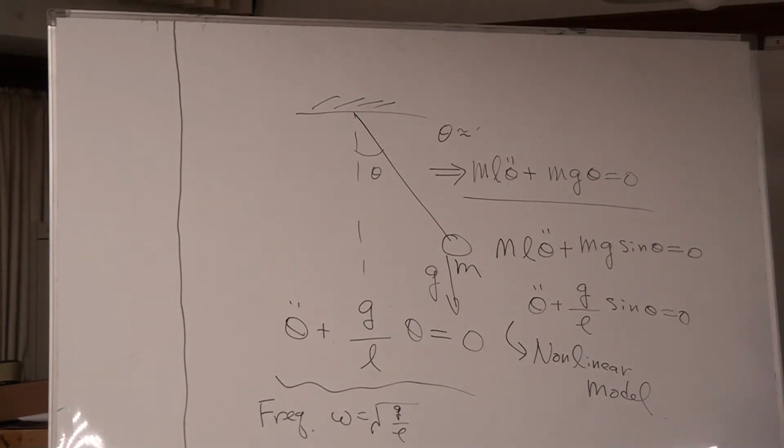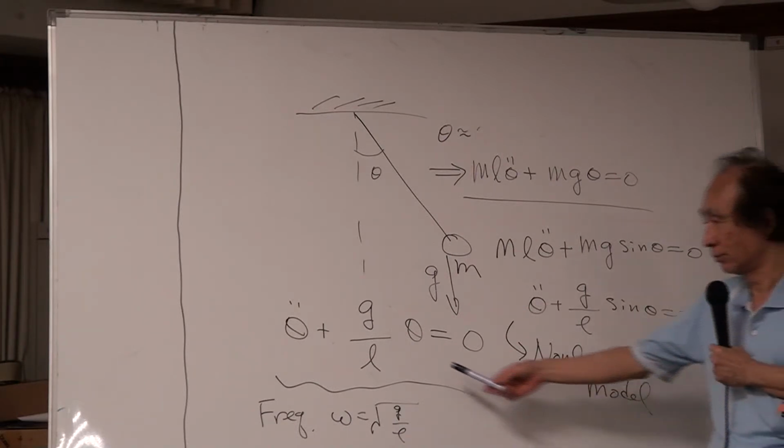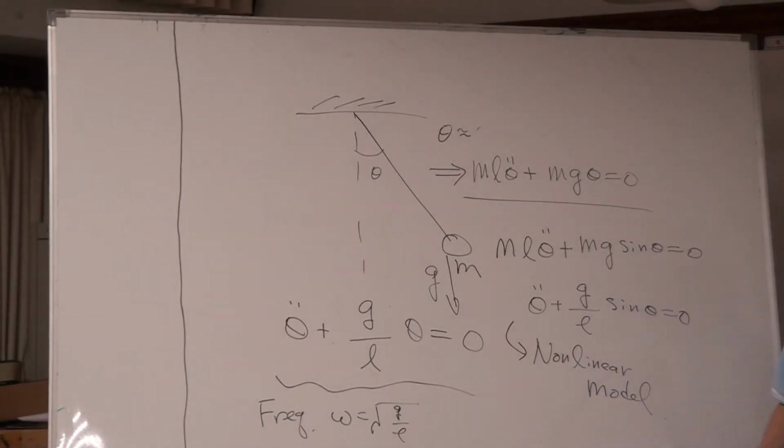That means all the control methods we learned so far are useless. Right? Yes? Because we assumed they are all linear models like this. But actually it's like that. Agree?